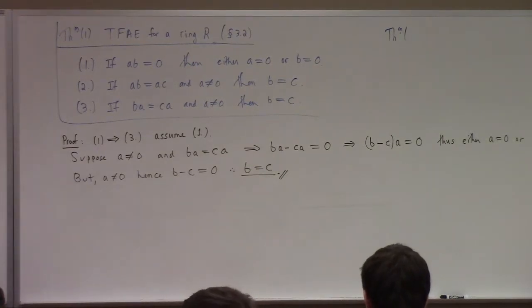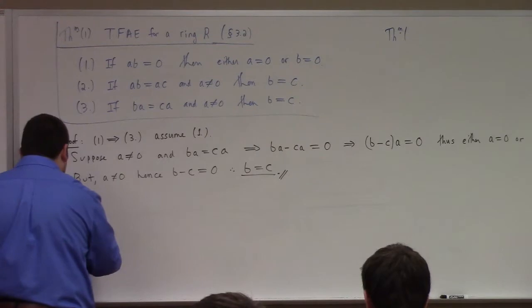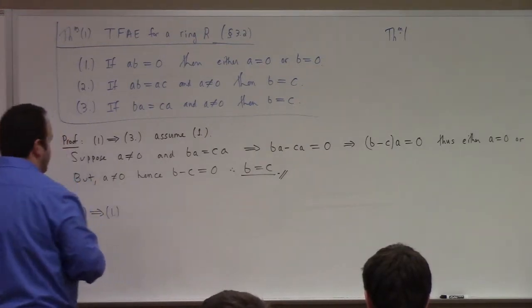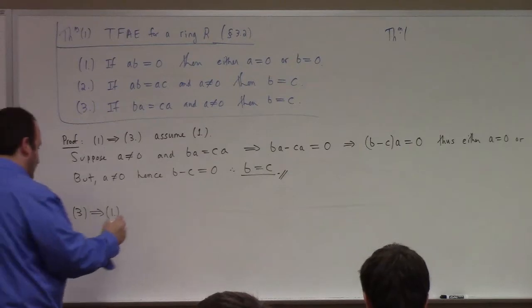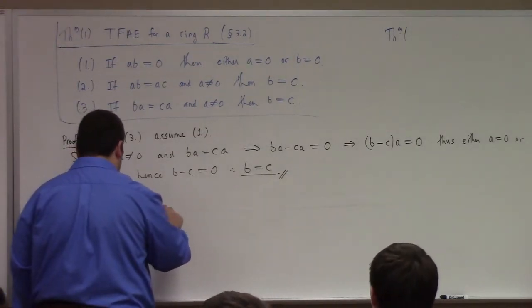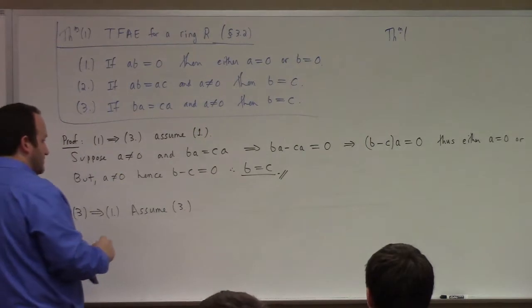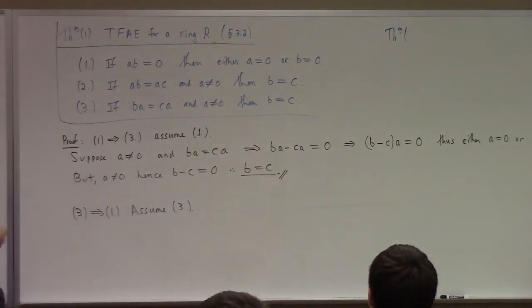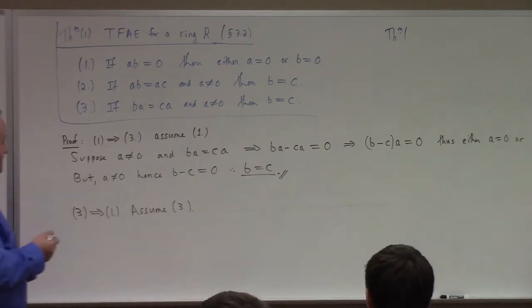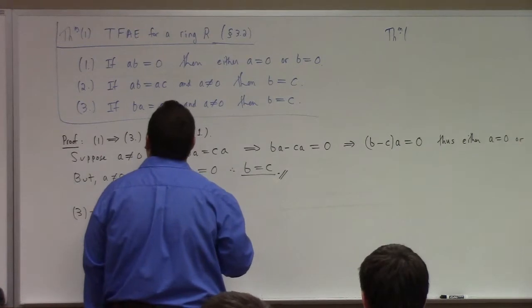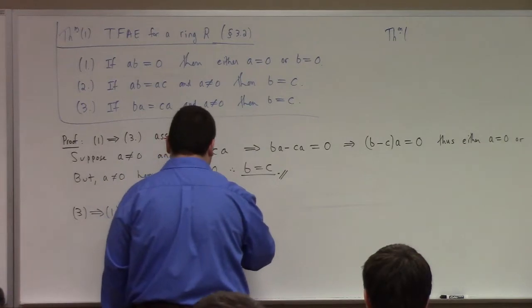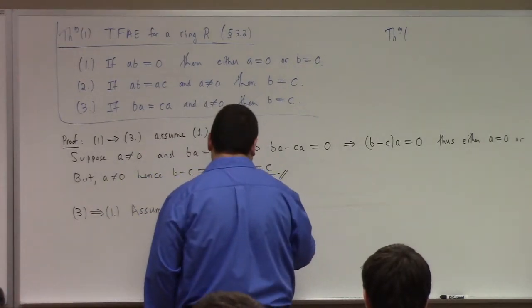Let's look at 3 implies 1. So we assume 3 is true. To prove 1, what should I do? So I should suppose that AB is equal to 0?